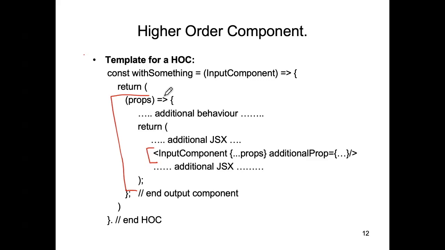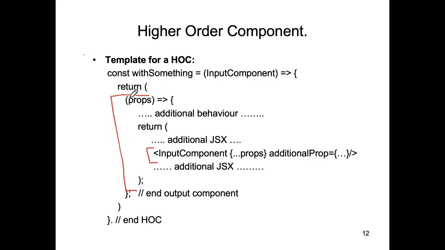because if we looked at the return statement for this red section here, the return contains JSX. So that must mean that this function here is also a component. And that, again, aligns with how I defined higher order component.